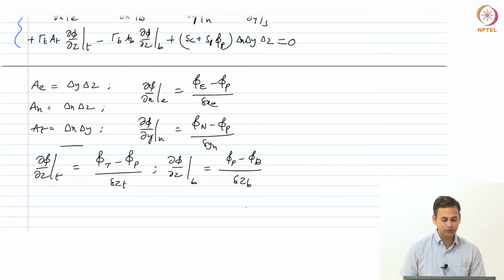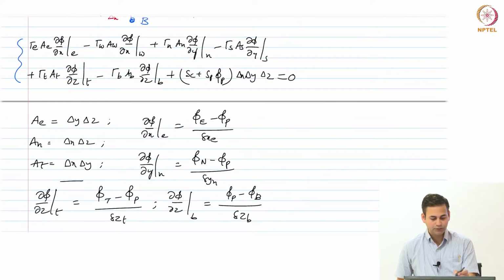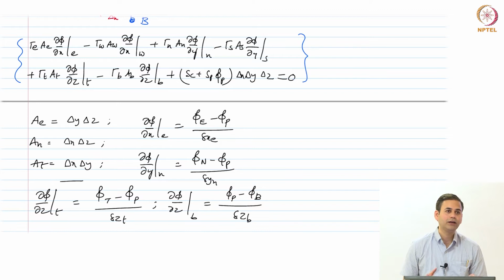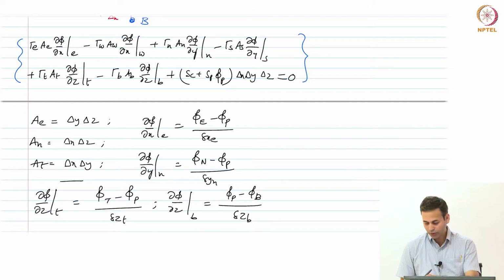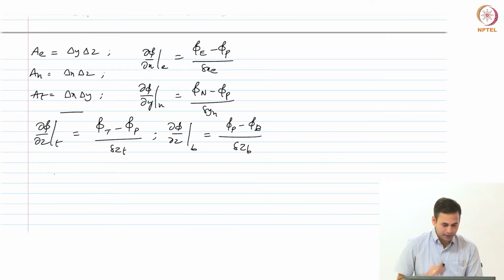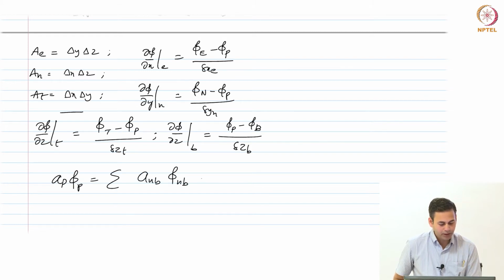We have these expressions which you can easily do and essentially plug all of these back into the diffusion equation, and then collect the terms. You will get a linear algebraic equation, which is very straightforward compared to the 2D. All we get is again A p phi p equals sigma A nb phi nb plus B, where now NB goes from where?